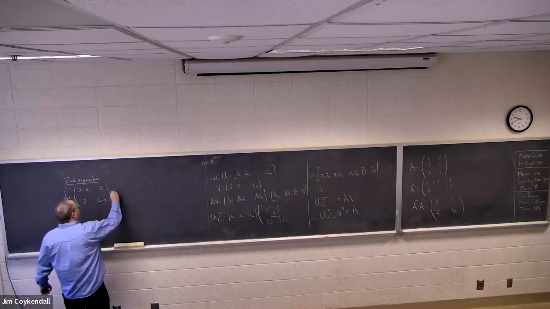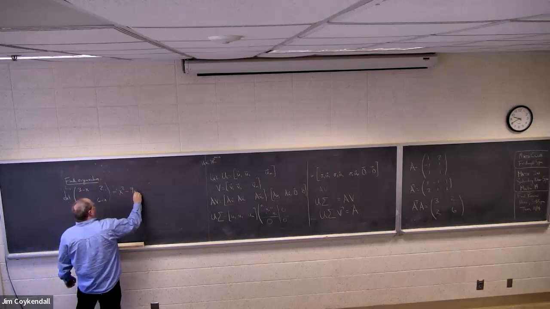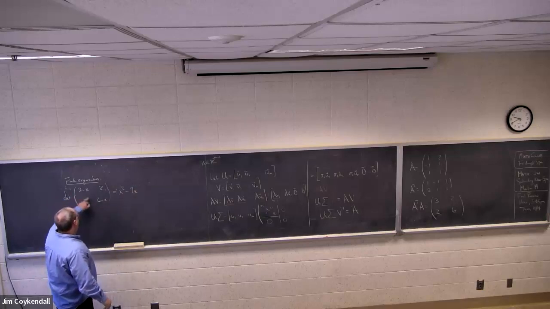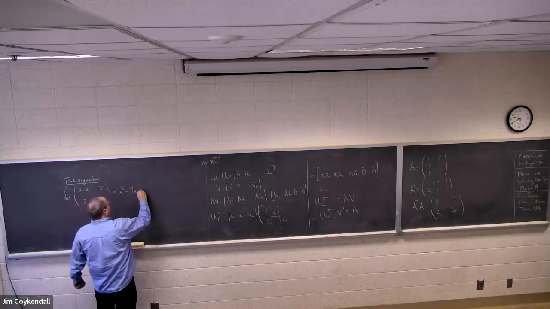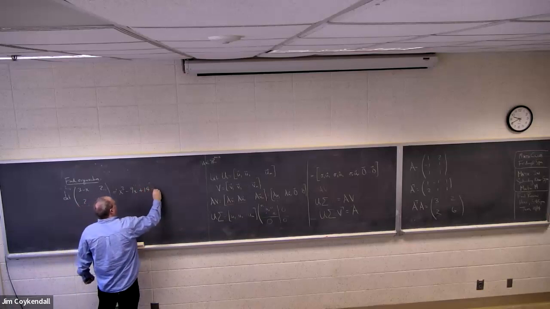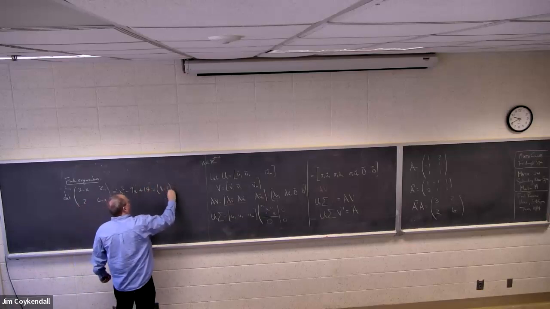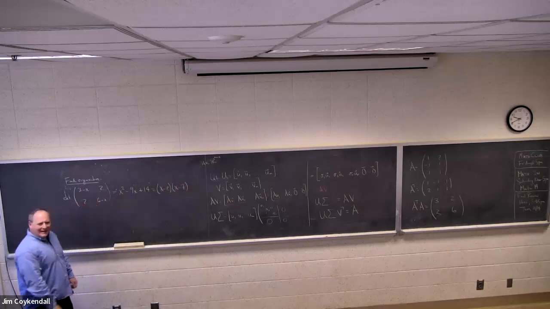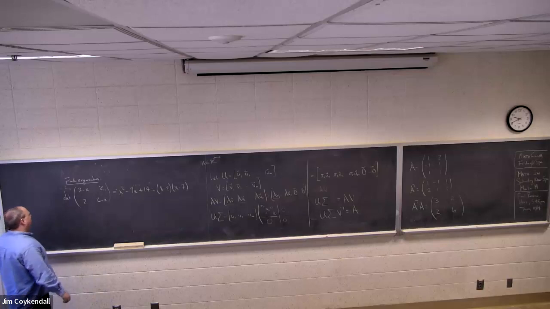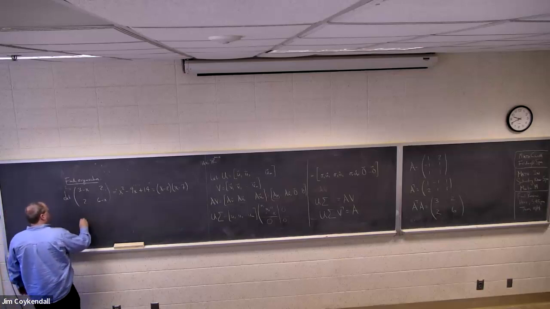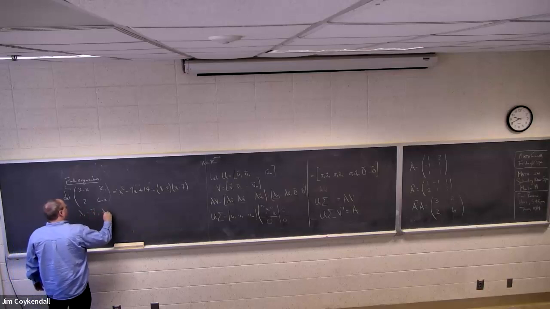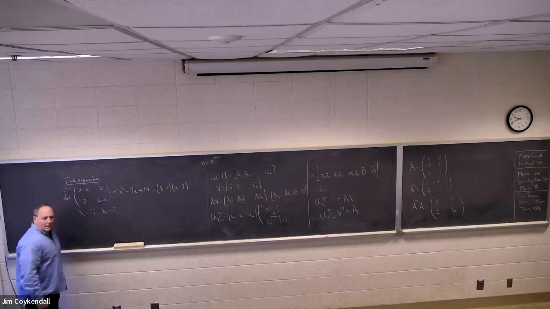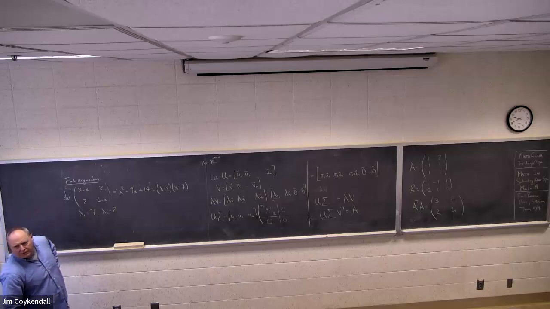And this gives me x squared minus 9x, and 18 minus 4 is 4. Get that. So I get eigenvalues. Notice that no number is 0 in this particular case.